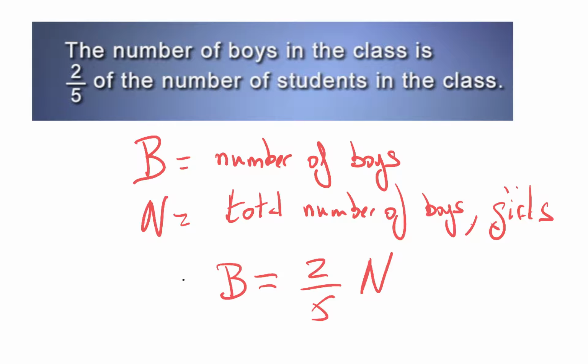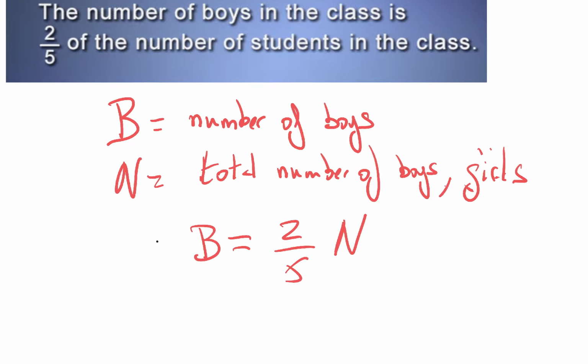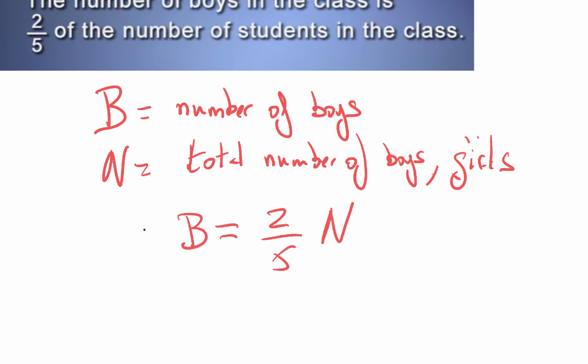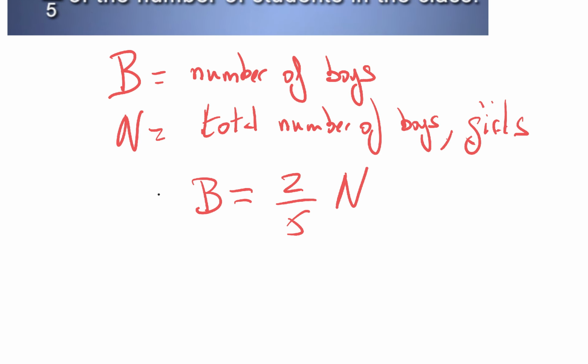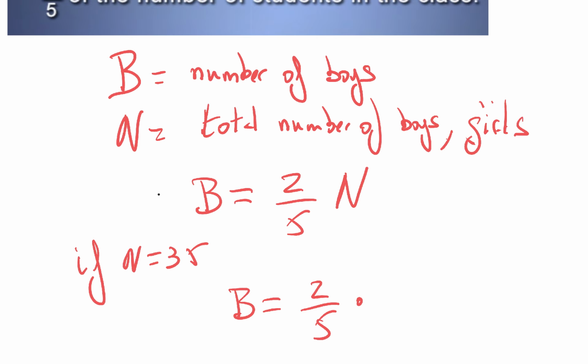The total number of students is N. Now, if N is 35, you may find B. If the total number of students in your class is 35, B will be 2/5 multiplied by 35, and write 35 divided by 1.